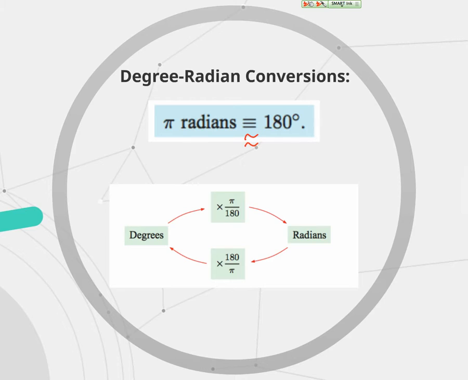So today's going to be about practicing some of those conversions. If you start with degrees and you want radians, you multiply by pi divided by 180. If you have the radians and you want to convert that into degrees, it's the reciprocal, 180 over pi.